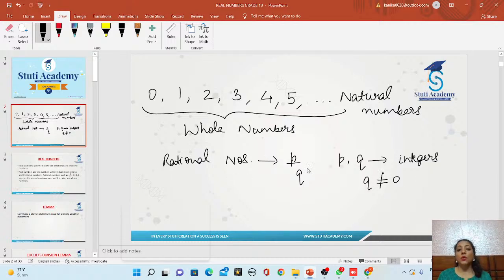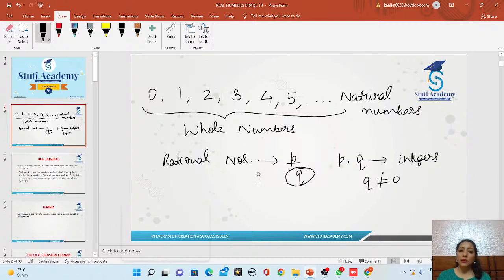Yes, q is in the denominator, and a denominator can never be 0. Division by 0 is not possible. Like suppose you have 10 chocolates and you have to divide them among 0 students. That's not possible. So division by 0 is not defined. Coming back, rational numbers are those which can be written in p by q form, where p and q are integers and q is non-zero. This we started in grade 7 and 8.